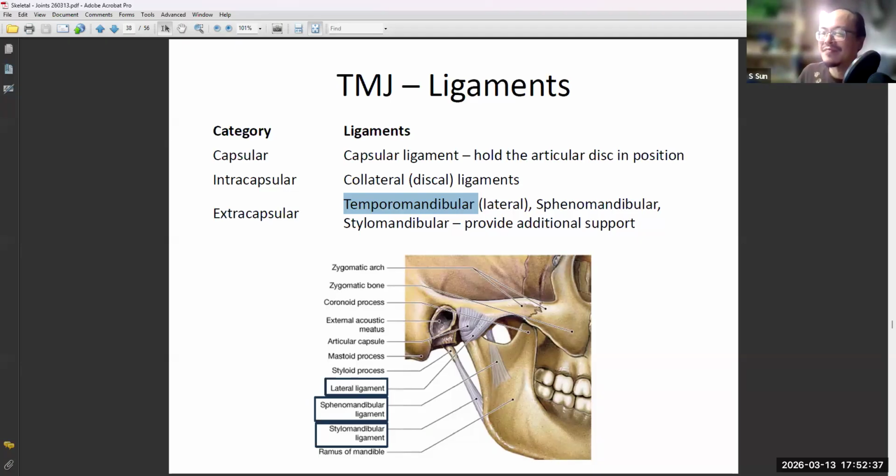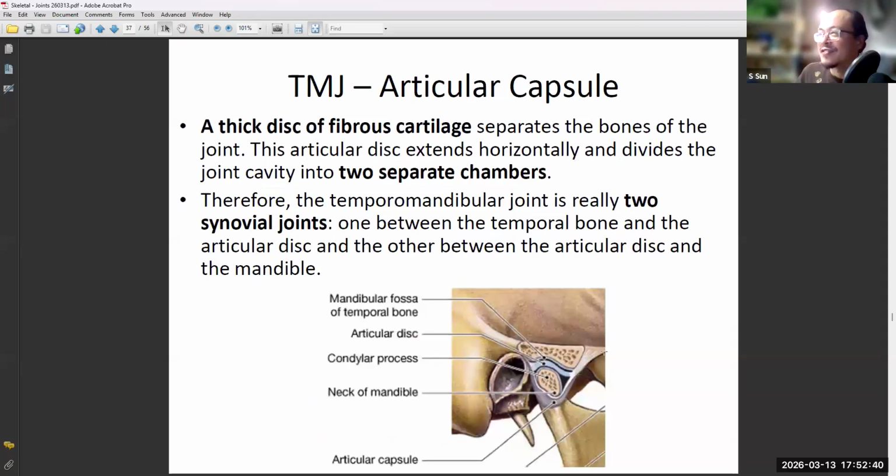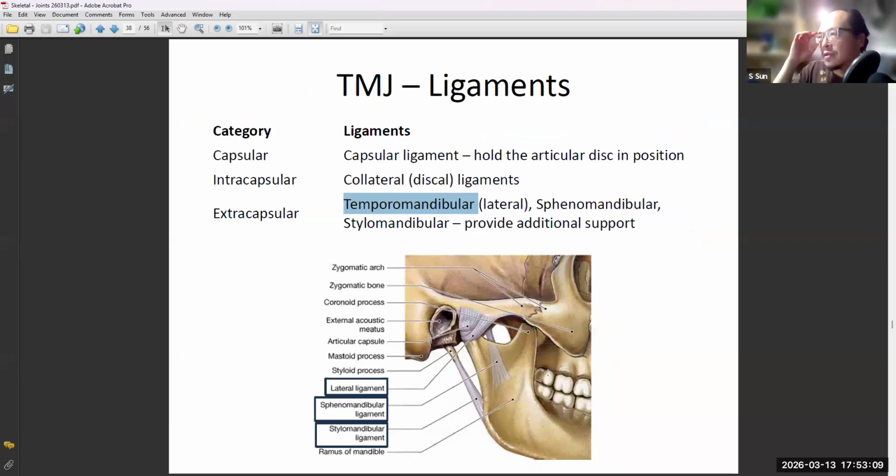This fossa is very shallow. You can move the jaw out of the fossa, and you'll want to put it back when you return to the resting state. So this lateral ligament is very important to keep you from pushing it too far from the fossa, which is not very deep. That's the lateral ligament, called the temporomandibular ligament, the strongest one.